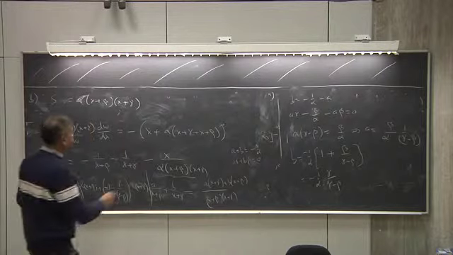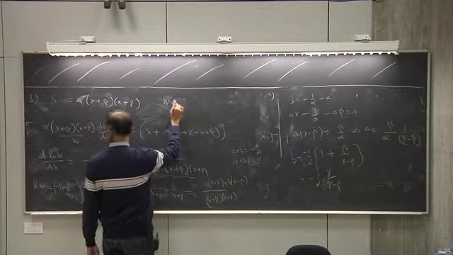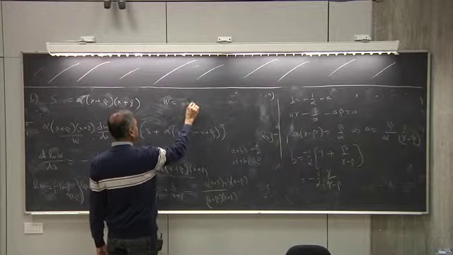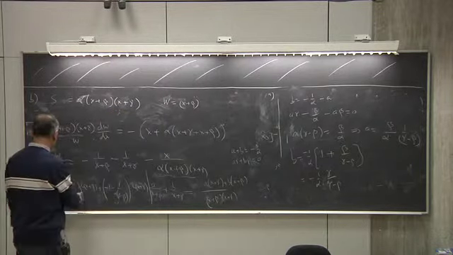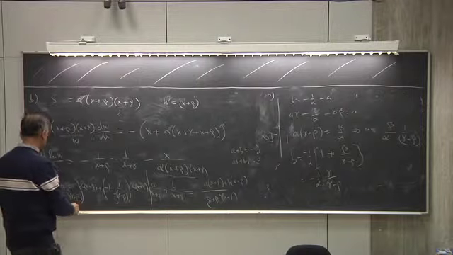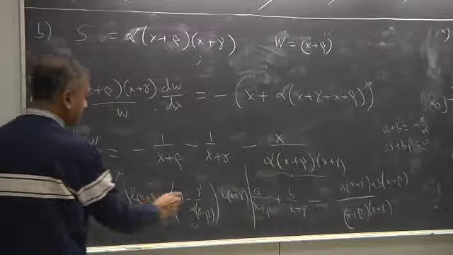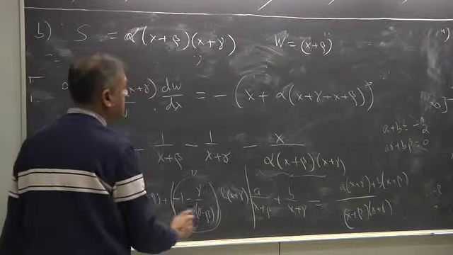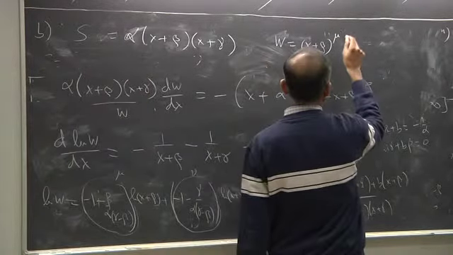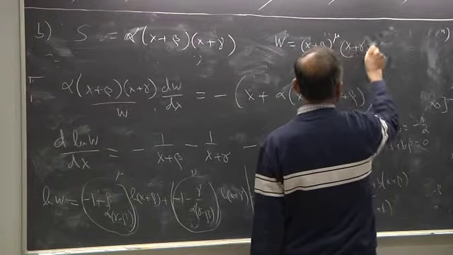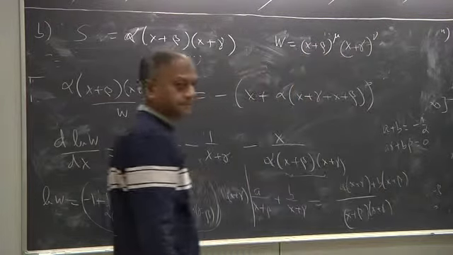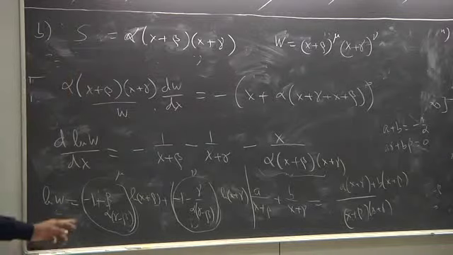So therefore, we can integrate this, and we find that w is x plus beta to the power of this number. Let's call this number mu, and this number nu. So x plus beta to the power of mu, and x plus gamma to the power of nu, where mu and nu are these numbers.